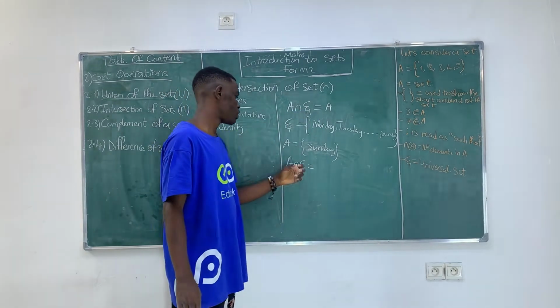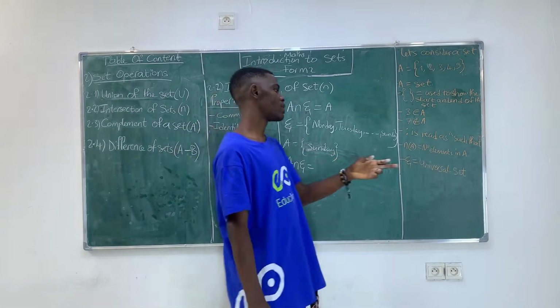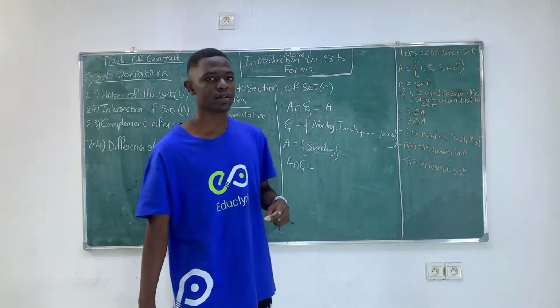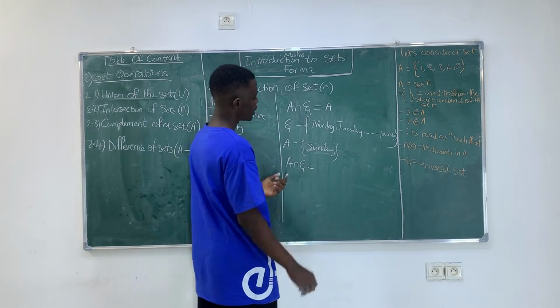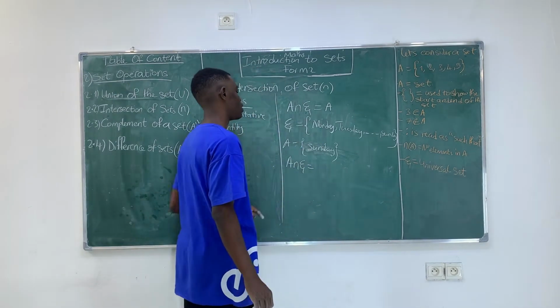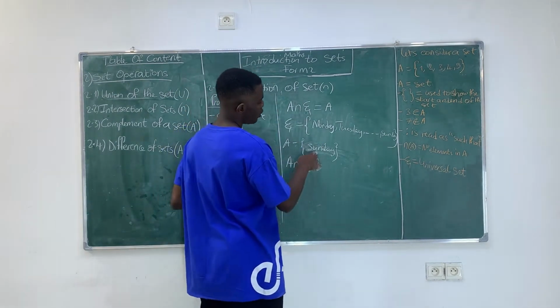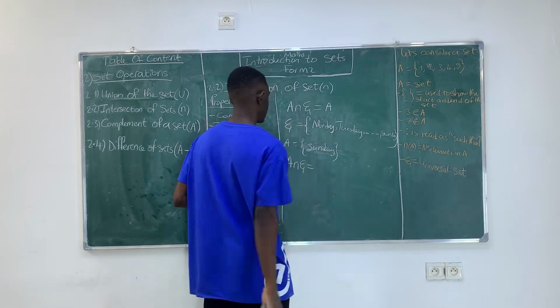For A intersection the universal set, we check the values of A which are also in the universal set. In A we have Sunday. Is Sunday here? Yes, there's Sunday.